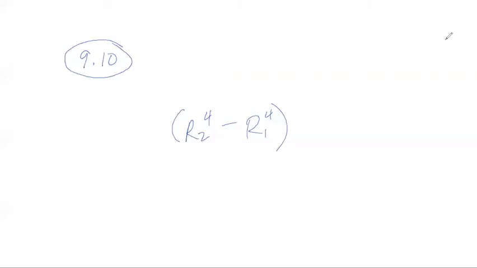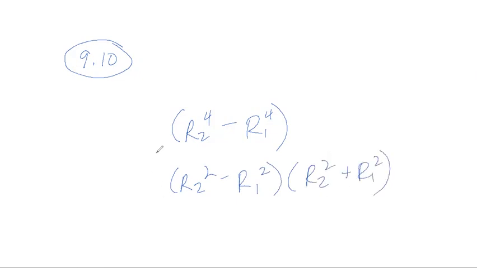Actually it doesn't omit that step. That step is right underneath the next one, but it's R2 squared minus R1 squared times R2 squared plus R1 squared. So that's just a little identity you probably should know.